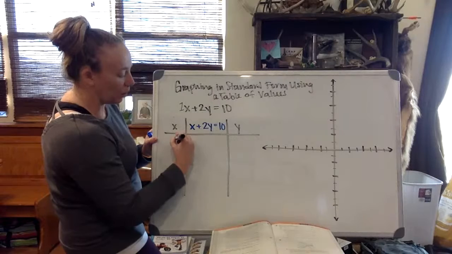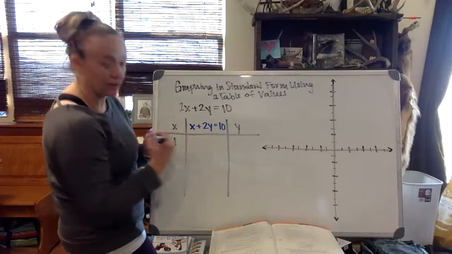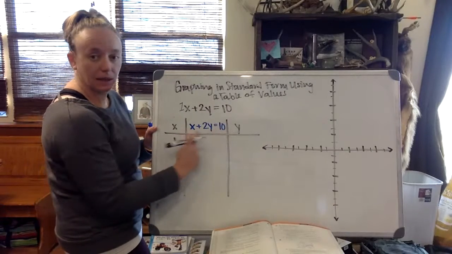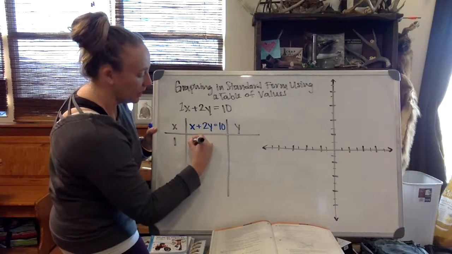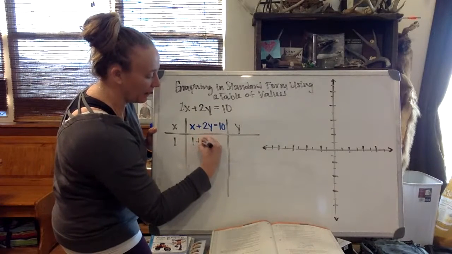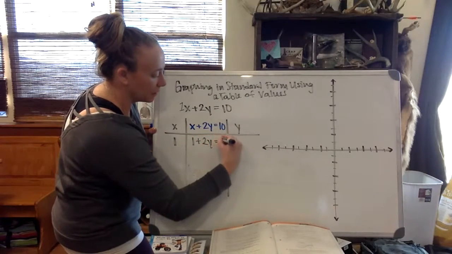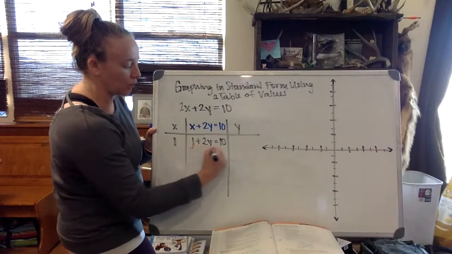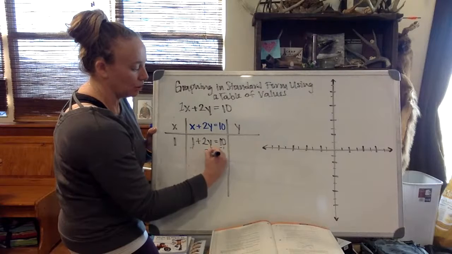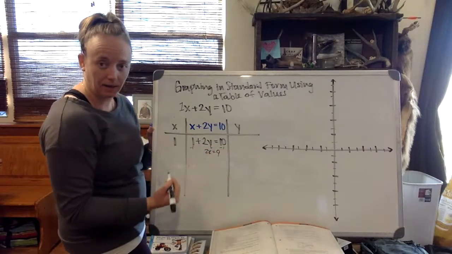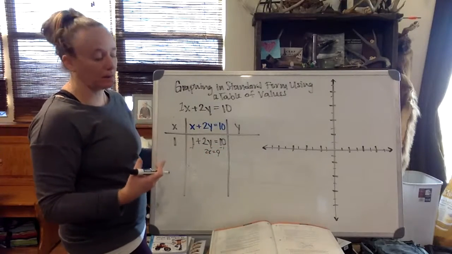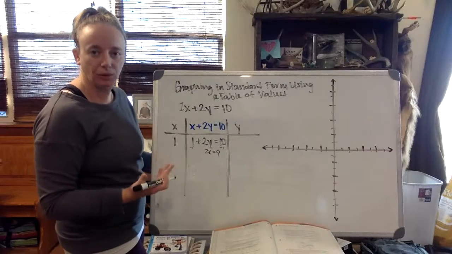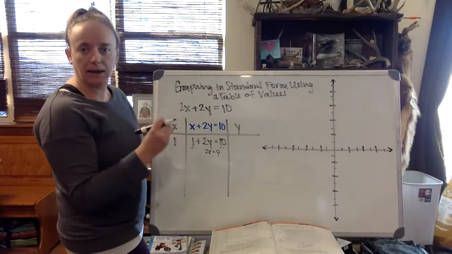I'm going to put the number 1 into this equation, and we're going to see what happens. If I put 1 in for x, I have 1 plus 2y equals 10. I'd have to subtract 1 from both sides, and get 2y is equal to 9. 9 is not easily divisible by 2. I mean, it kind of is. We know it's 4.5, but it's not a nice whole number.